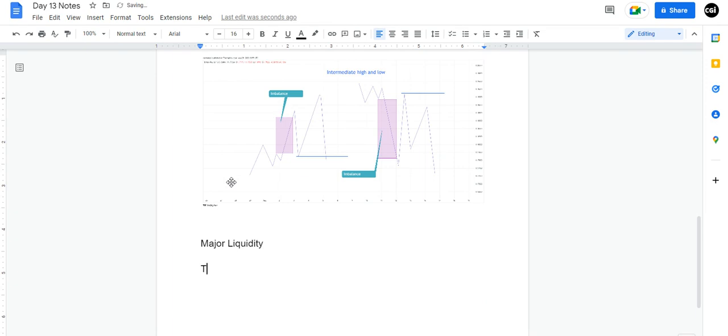So this is a form of liquidity representing a strong point in a particular trend.